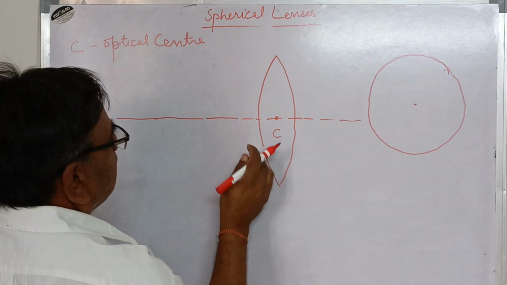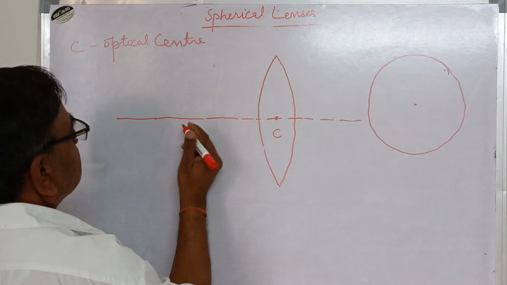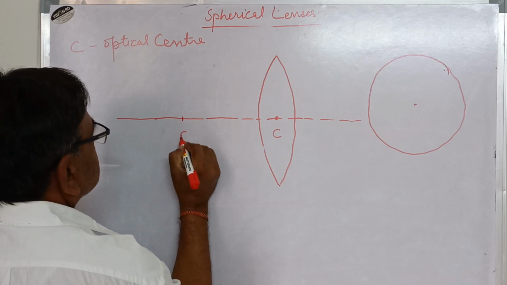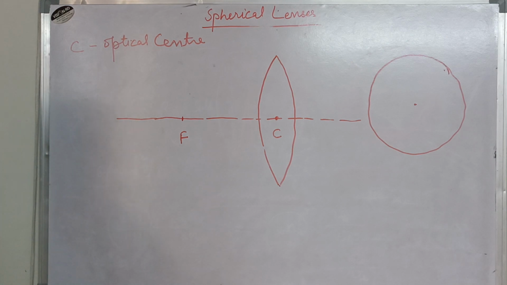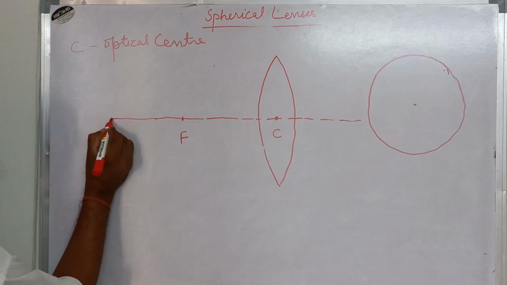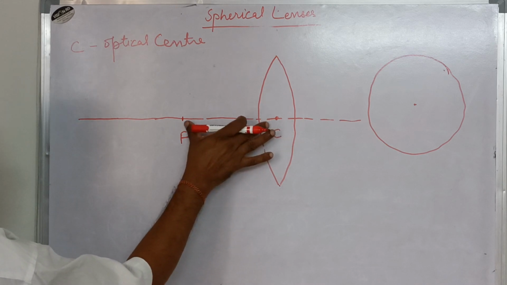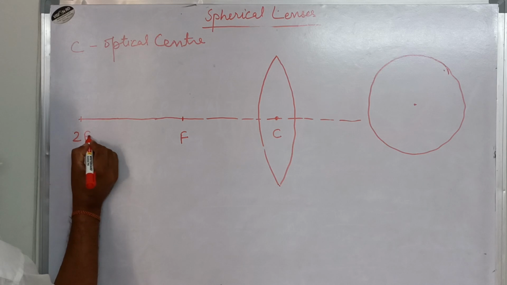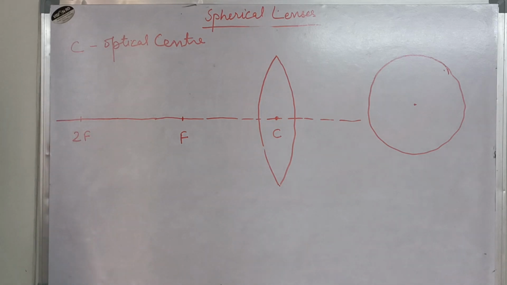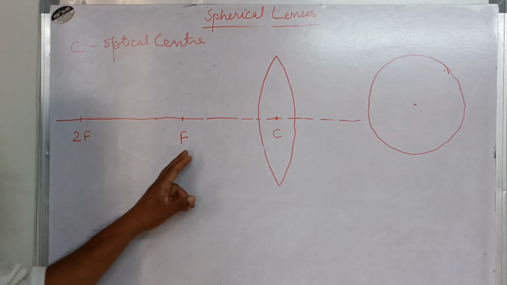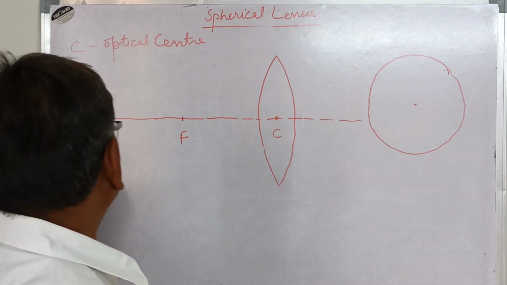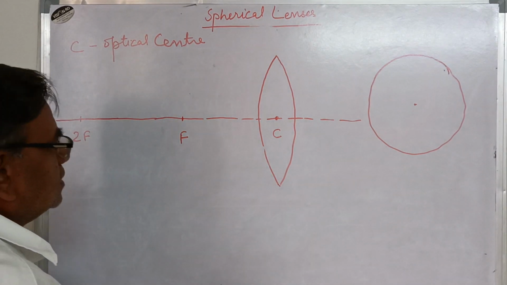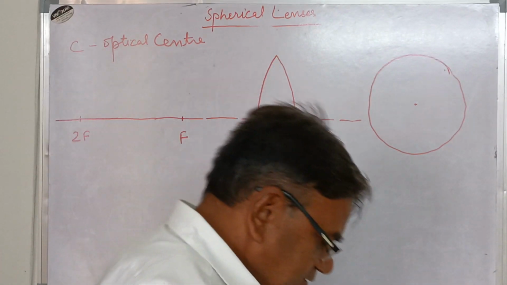And a point here is called the focus. And at the equal distance, this distance here, it is 2F. The focus is denoted by F, and twice the focus is written here. So these are terminologies used in the lenses.